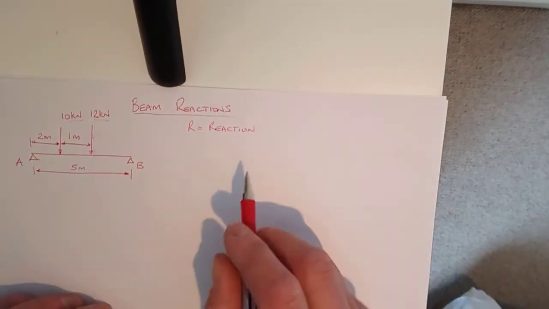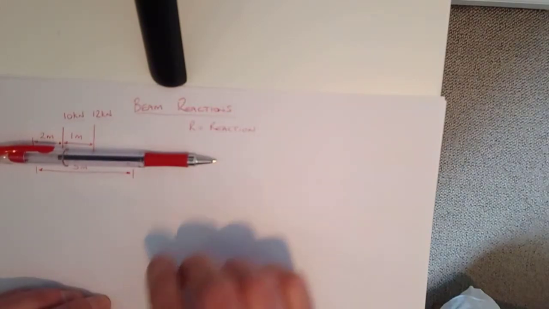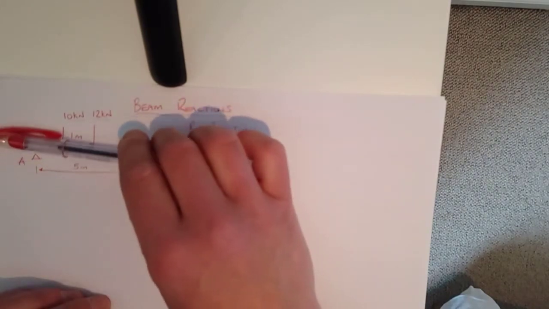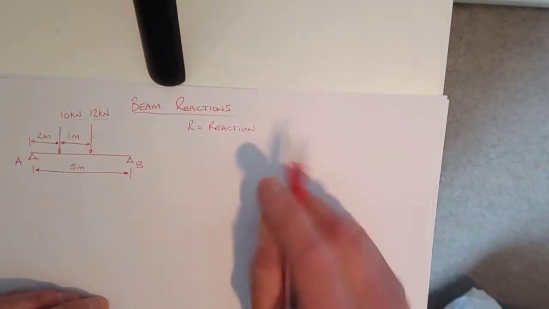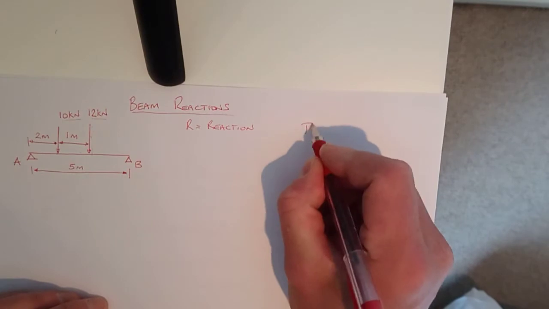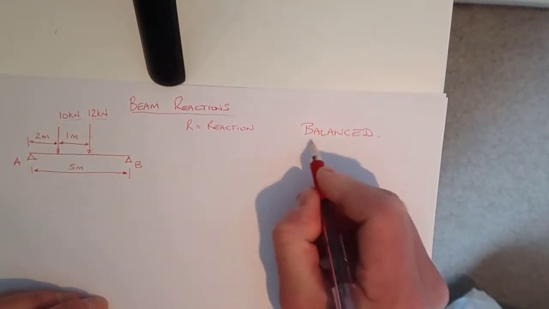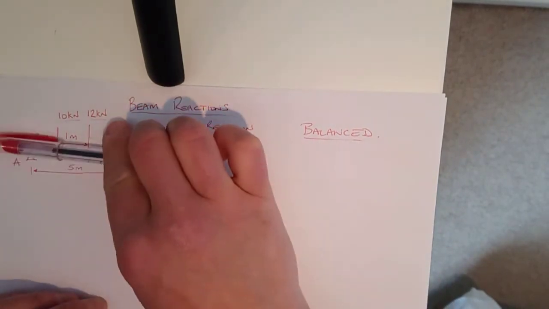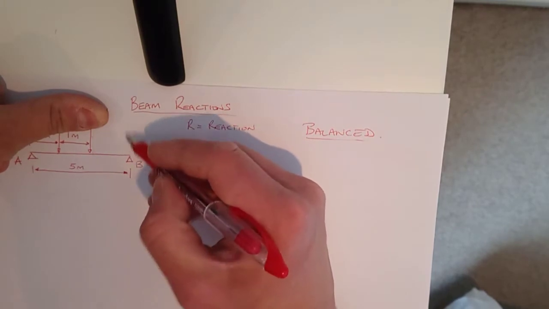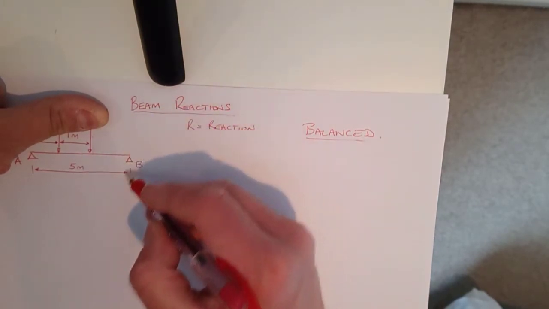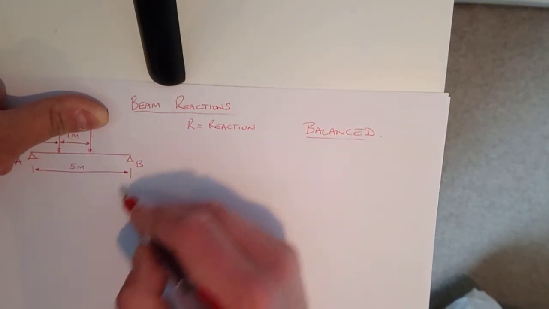So to begin with, this is obviously a beam that's sitting horizontal. So we're going to state a couple of things here, but don't worry about this first bit. This whole first bit here is just to say that the beam is balanced. That's all we're looking at. So if these 2 kilonewton forces weren't here, but there was one point in here, the beam would have a tendency to be pushed or pulled in a clockwise direction.